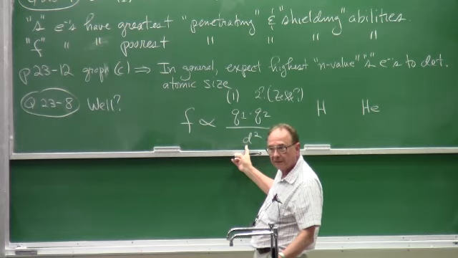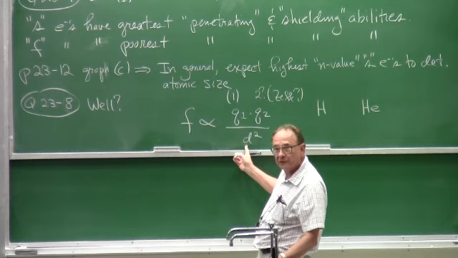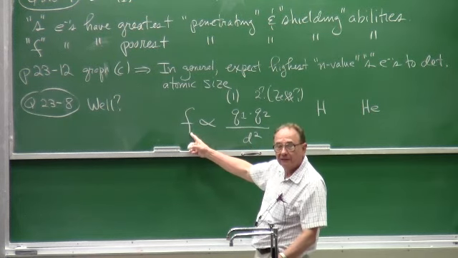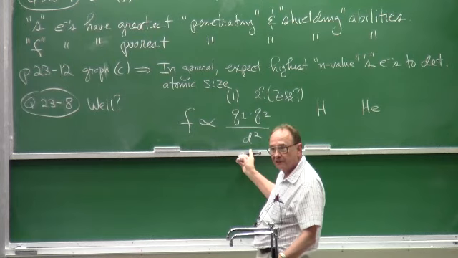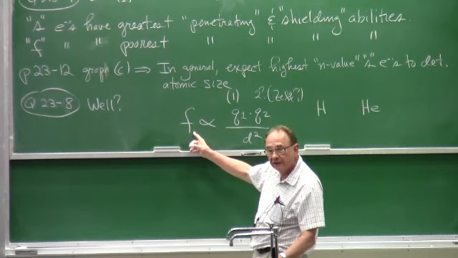Okay? Now, have you not already told me that helium is smaller than hydrogen? What impact does that have on the magnitude of F for helium compared to hydrogen, if helium is smaller than hydrogen? It makes the F value larger, doesn't it? Okay?